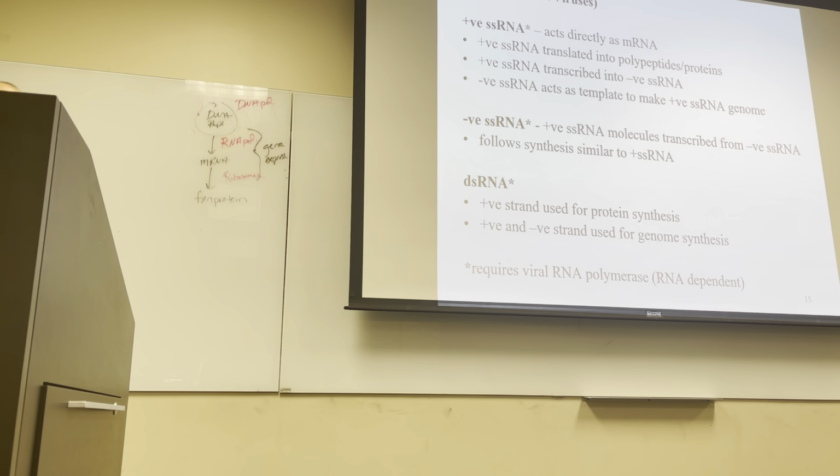Some of these RNA viruses, the single-stranded ones, are considered positive sense single strand. Some of them are considered negative sense single strand. Okay. So positive sense RNA virus. Where do I have it at?